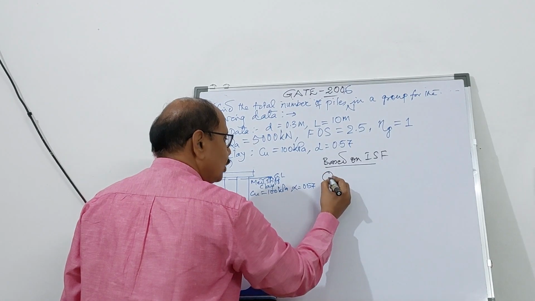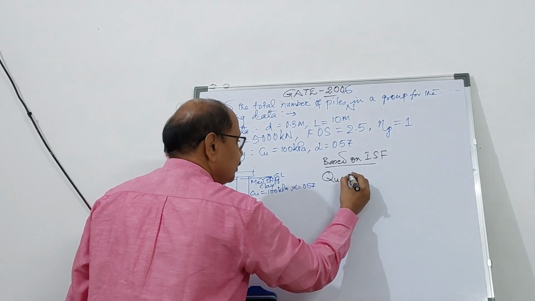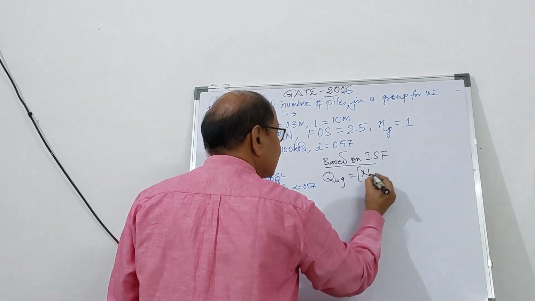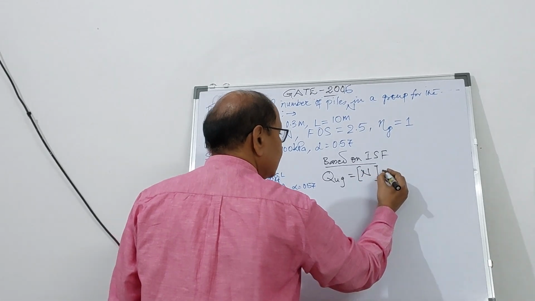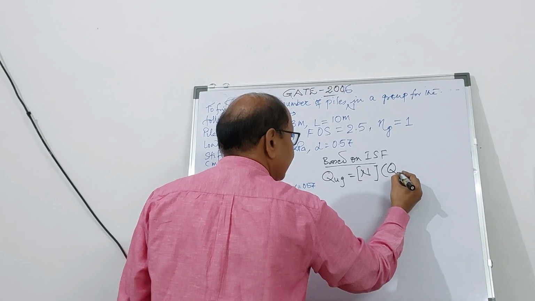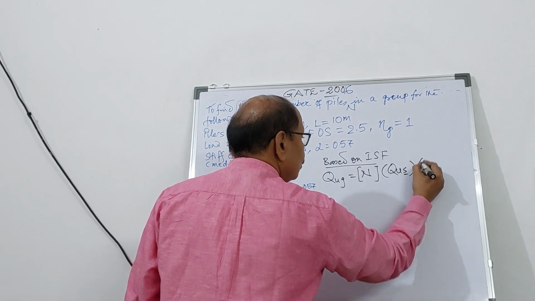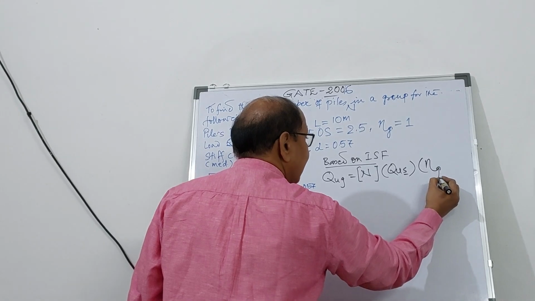The ultimate load carrying capacity of the pile group is given by the expression: the number of piles, capital N, into the ultimate load carrying capacity of a single pile, into the group efficiency factor.